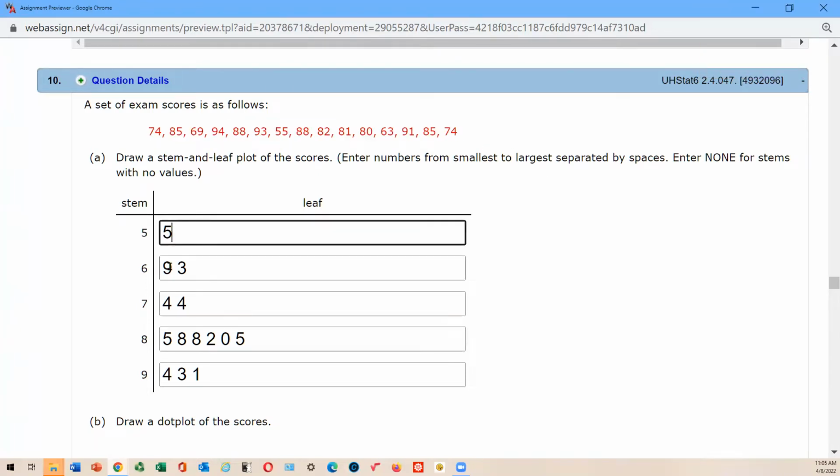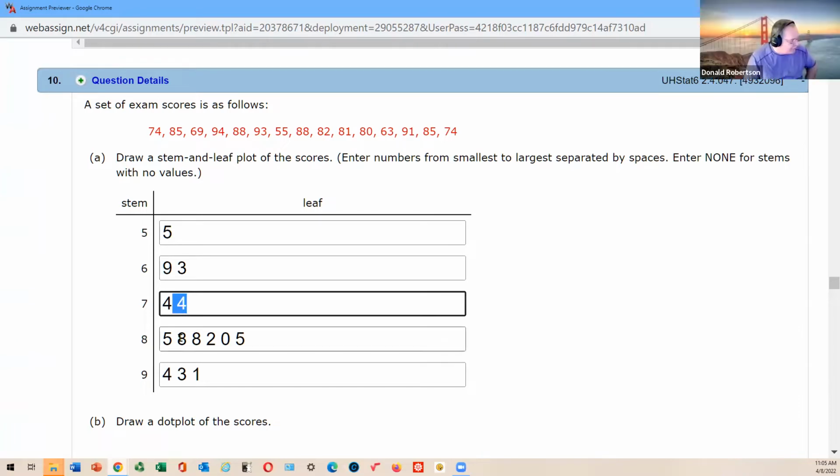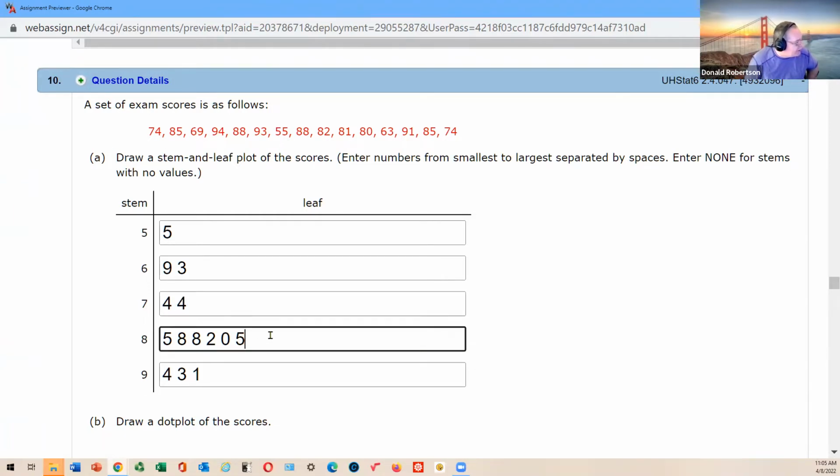And then I go 1, 2, 3, 4, 5, 6, 7, 8, 9, 10, 11, 12, 13, 14 numbers. I have missed one. And then I find it and it's 81. Evidently it was that one there I missed. So if you count the numbers in your stem and leaf and they don't match how many numbers there are in the data, you've missed somebody and you just have to go hunting for it.